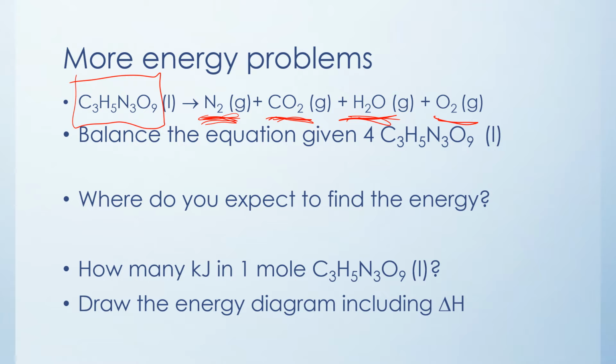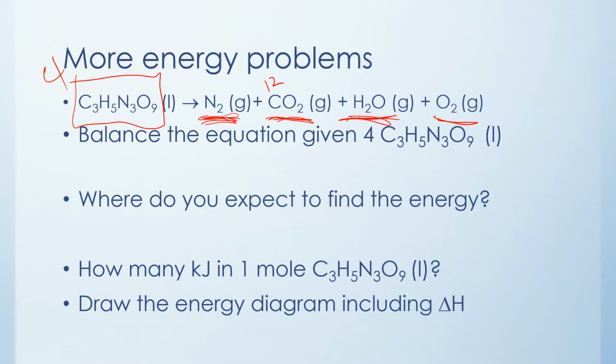So if we're going to balance this equation, I gave you four of those nitroglycerins as how the balancing starts. If we have 4 of these, that's going to give us 4 times 3, 12 carbons. So you know there's going to be 12 carbon dioxides because that's where all the carbon goes. And the hydrogen all goes to water.